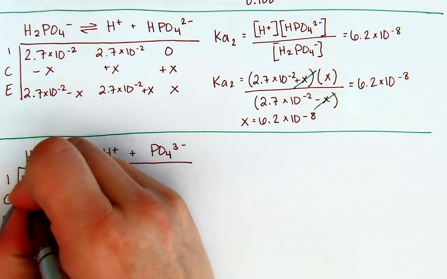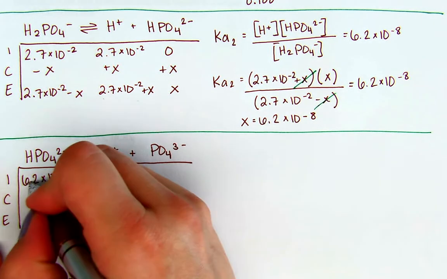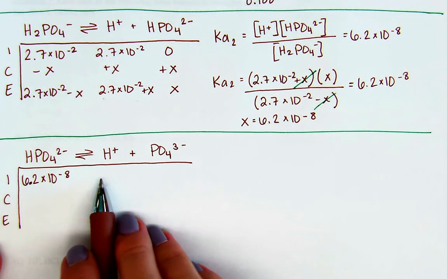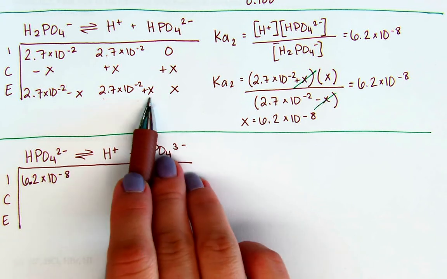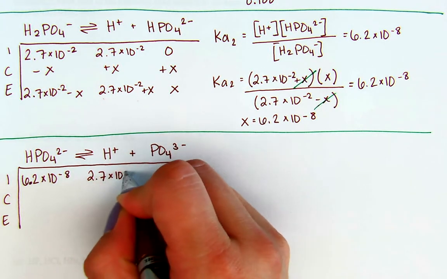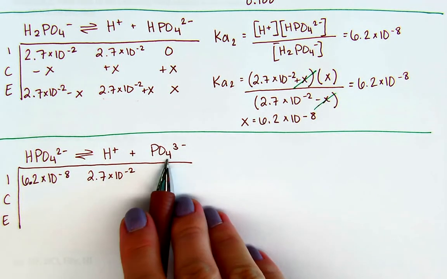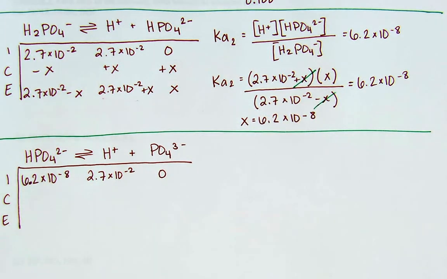So that's how much we're starting with. 6.2 times 10 to the negative 8 moles of that. Okay, our H plus, what was that? 2.7 times 10 to the negative 2 plus X, and we ignored the X, so it's just 2.7 times 10 to the negative 2. Then the phosphate ion, brand new this time. We didn't have it before, so we don't have any of it yet.